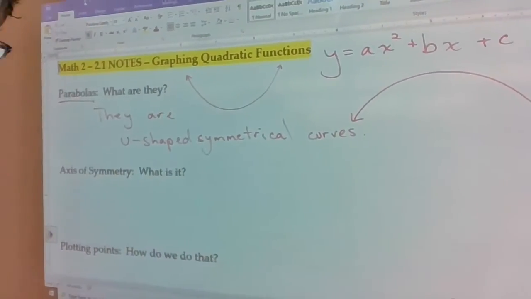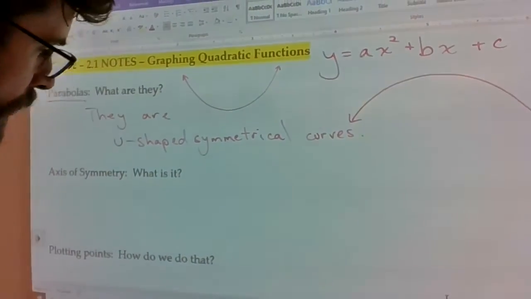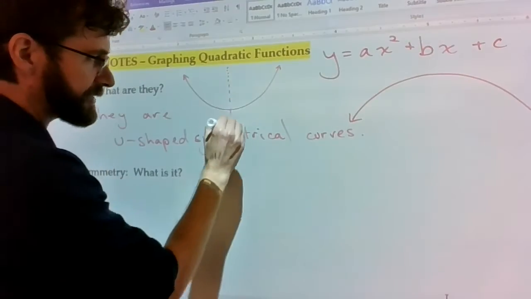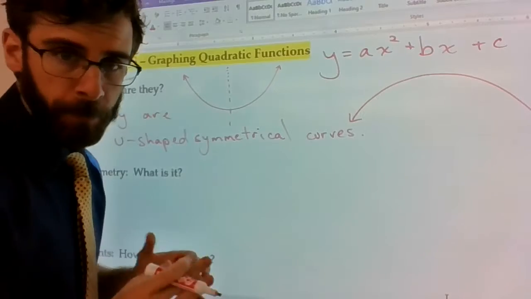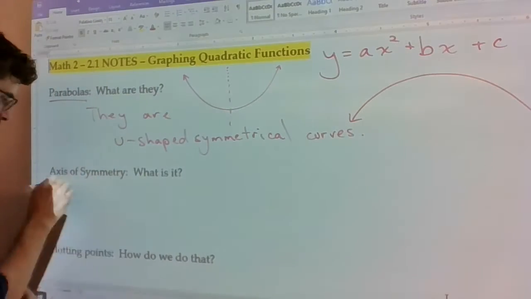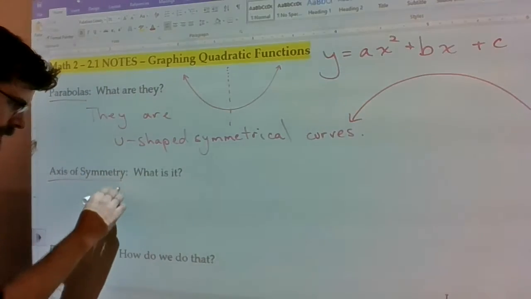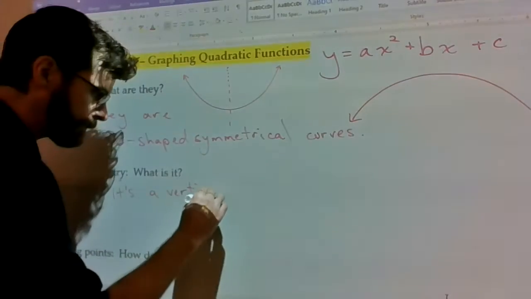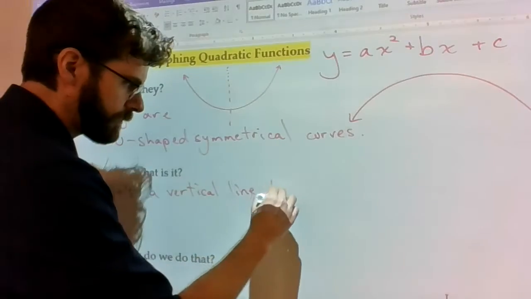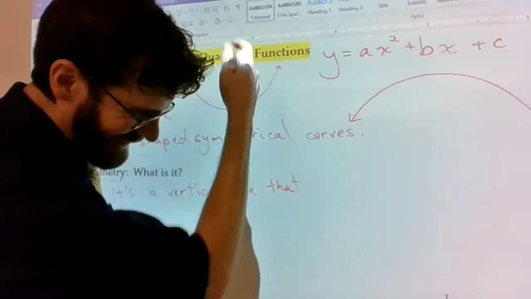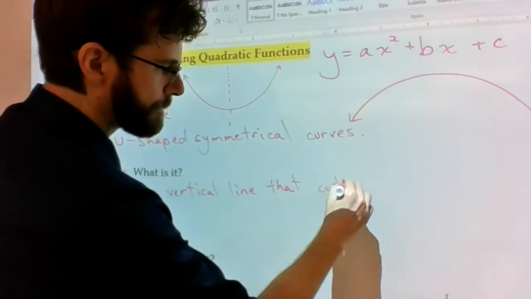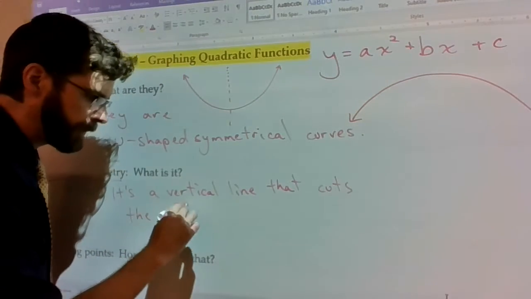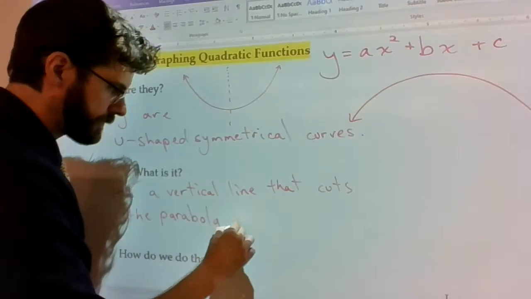All right, second thing, the axis of symmetry. Well, the axis of symmetry is basically a vertical line that cuts the parabola in 2 equal parts. It's a vertical line that slices the parabola into 2 equal parts.